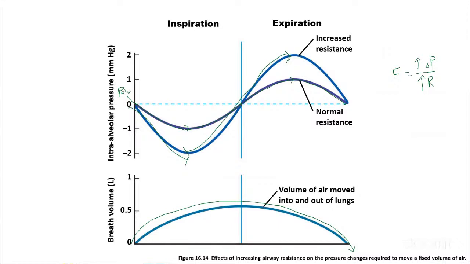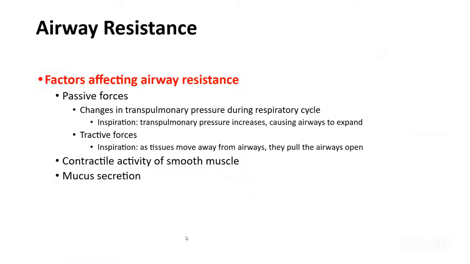So if you increase your resistance, you make it harder to breathe, harder to move air. So we're going to have factors that affect airway resistance. Some of them are going to be normal. So we have normal changes during the respiratory cycle.